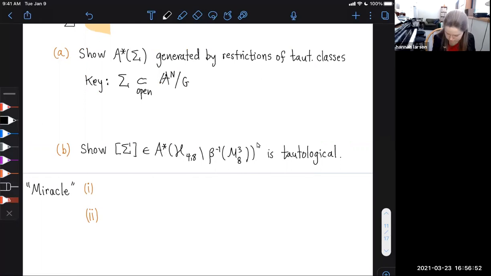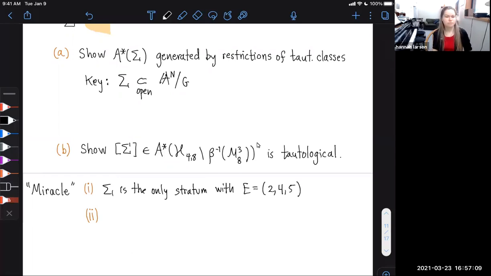So first is that sigma is the only stratum where the rank 3 vector bundle has splitting type 2, 4, 5.